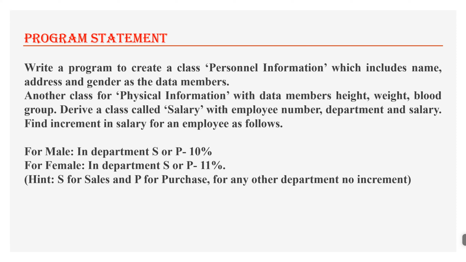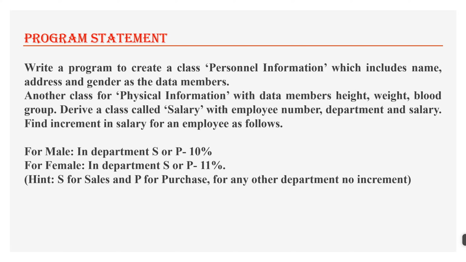So there are two base classes. Personal information is one base class, physical information is another base class. There is a derived class called salary with the employee number, department, and salary as data members.